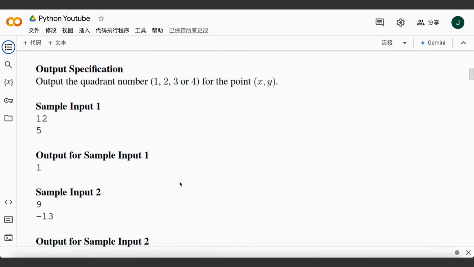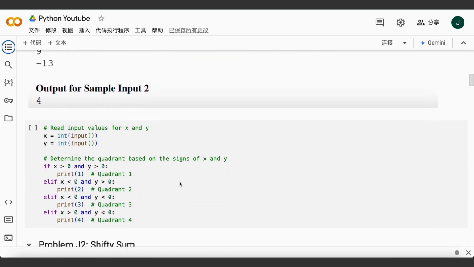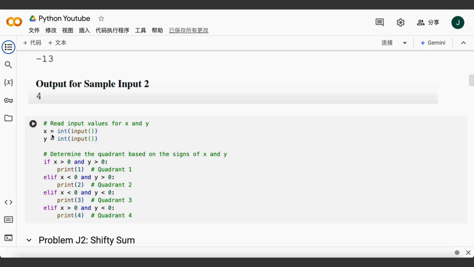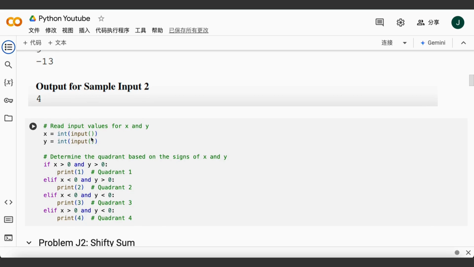Okay, so here's the one. Let's take a look. We've got x equals the input, y equals the input, right? So if x is bigger than 0 and y is bigger than 0, that's quadrant 1. Else if x is smaller than 0 and y is bigger than 0, that's quadrant 2.